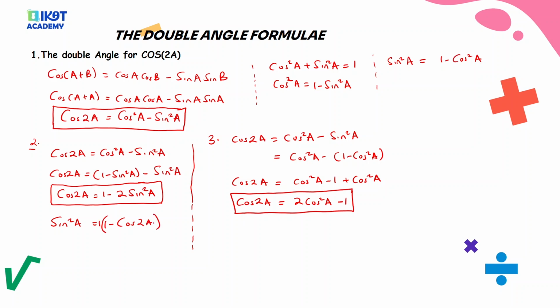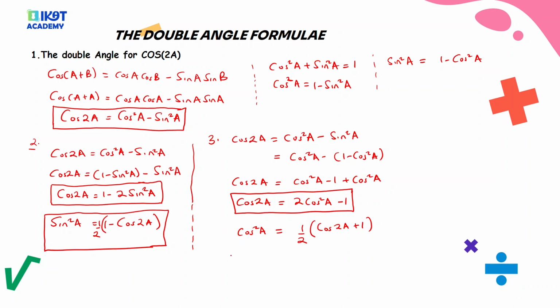Then here, if you try to make cos squared the subject, you're going to have cos 2A plus 1, all into a half. So this is also another expression that we've generated from the same.